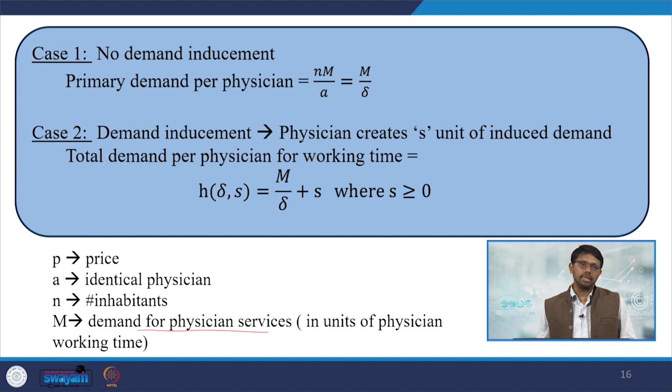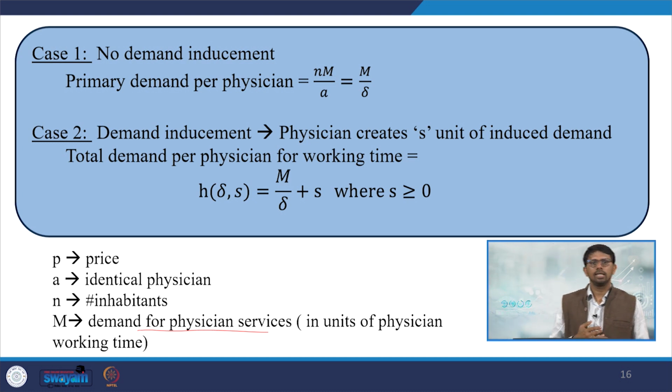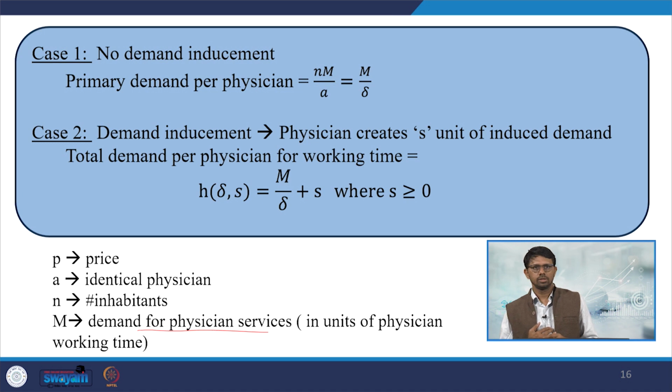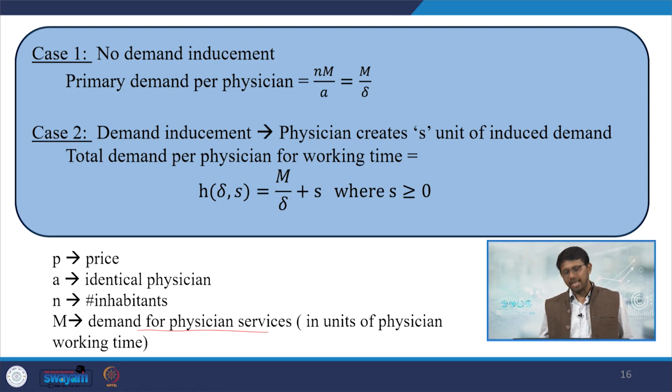When there occurs some inducement of demand through supply, we start with physicians creating certain extra supply as S, in units of S, that is indeed induced. Hence, the total demand per physician for working time will be m upon delta plus that S, which is extra registered. S has to be greater than or equal to 0, has to be positive.